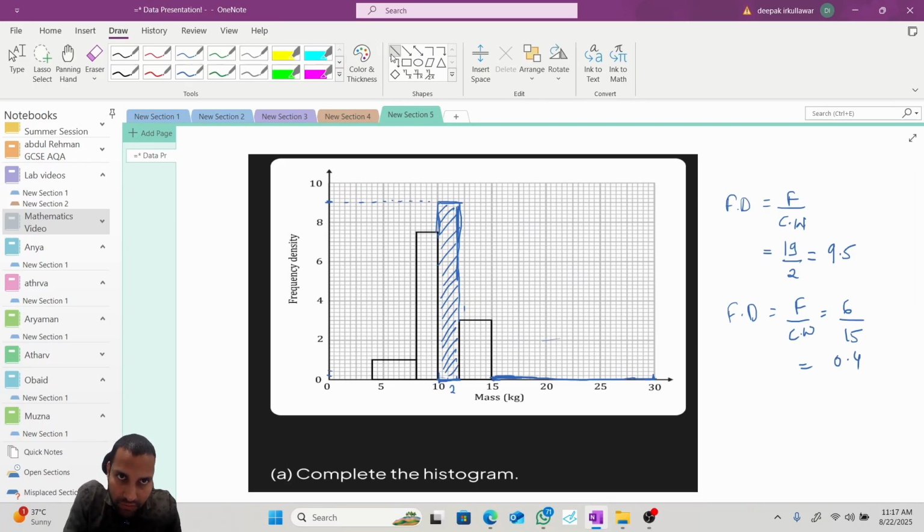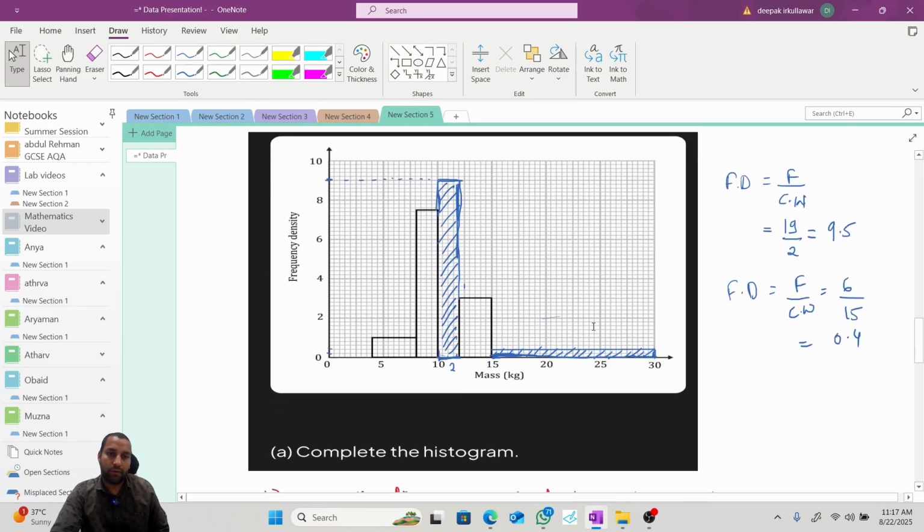So I just need to draw a straight line for the 2 blocks. So this is my frequency 0. So this is how you are supposed to complete your histogram graph. So I have completed this graph, no worries.